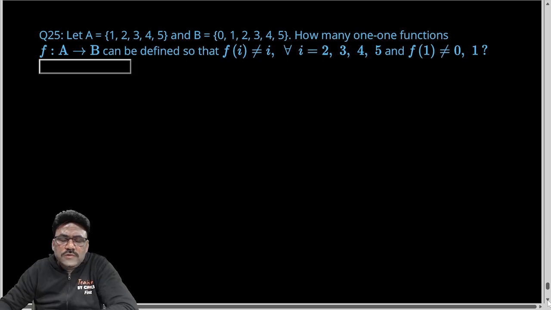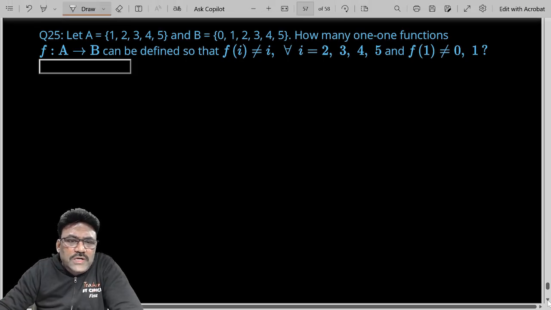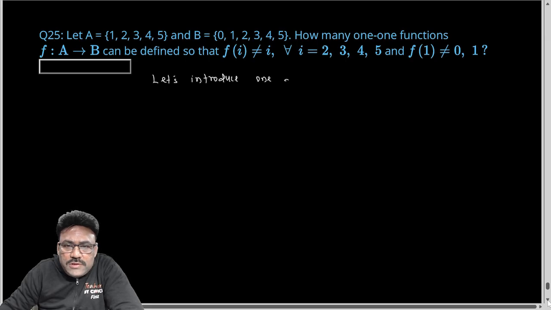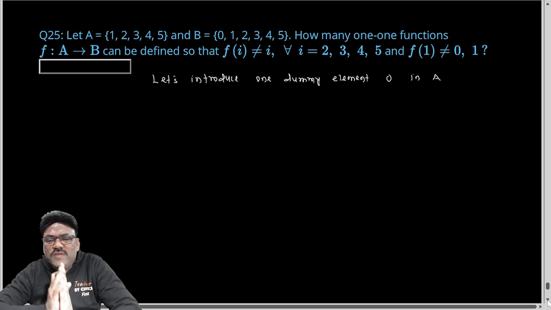So what I am doing here, let's introduce one dummy element 0 in A. So now A and B both have 6 elements.